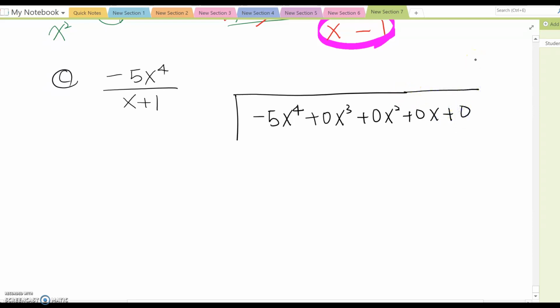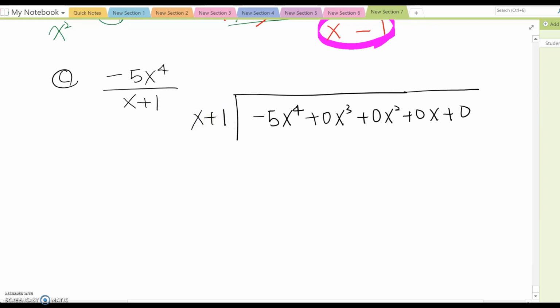The reason I'm doing this is that we need to create each single term even though they don't exist. And as you know, 0 means nothing, so it's the same as the original. So that's why we create those 0 terms here. Now we can put x plus 1 here.